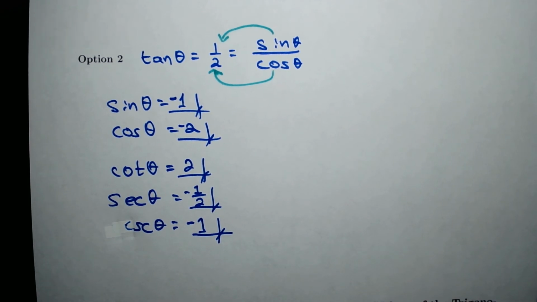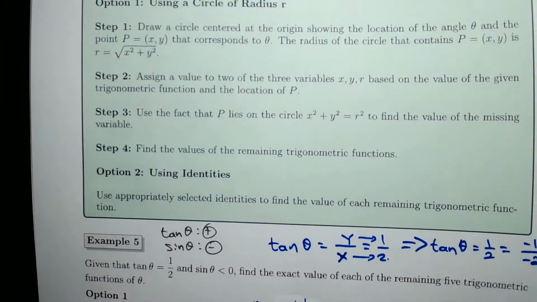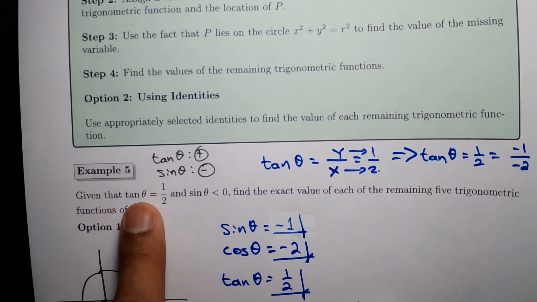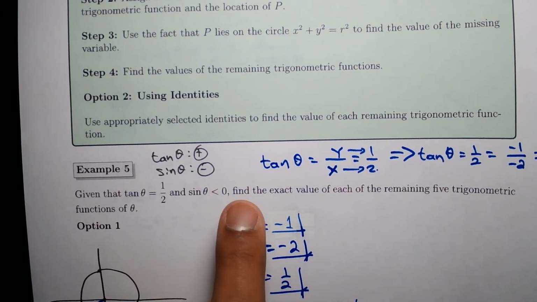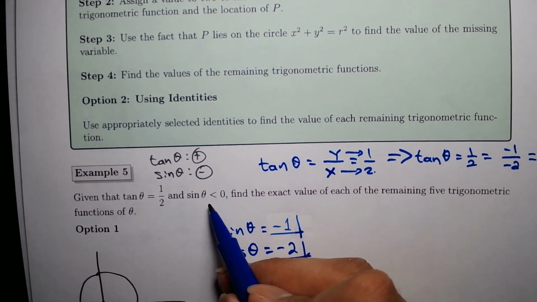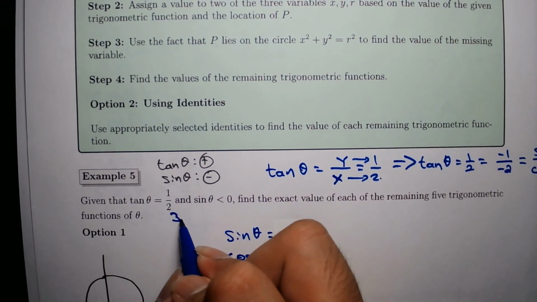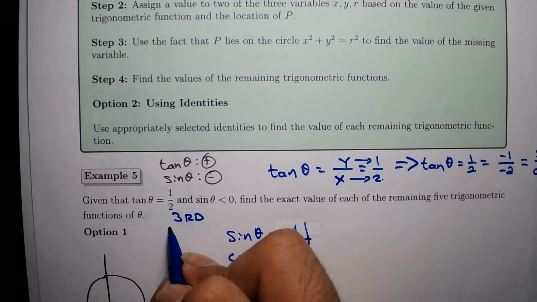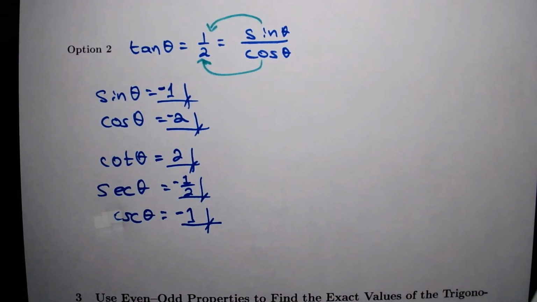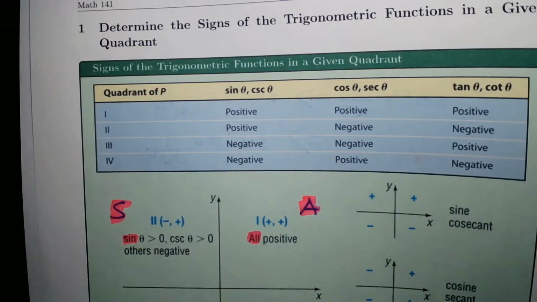Well, keep in mind that they're telling us tangent is positive and sine is negative. So what is that quadrant? Third quadrant. If we go to the third quadrant, let me go back another page.